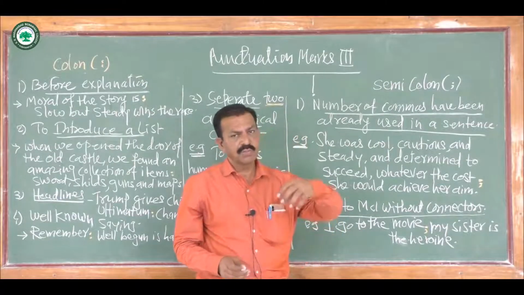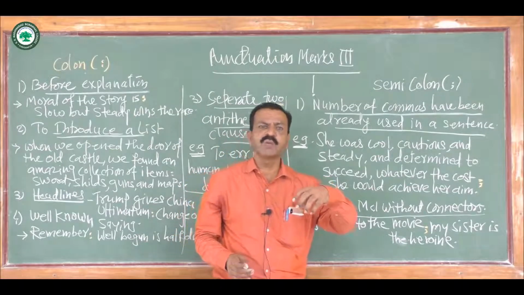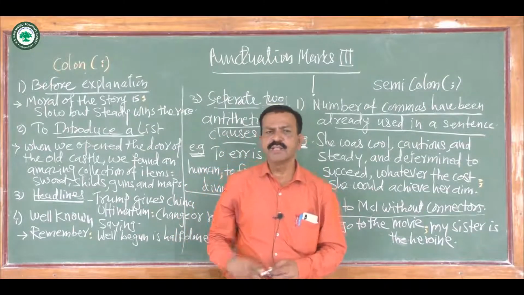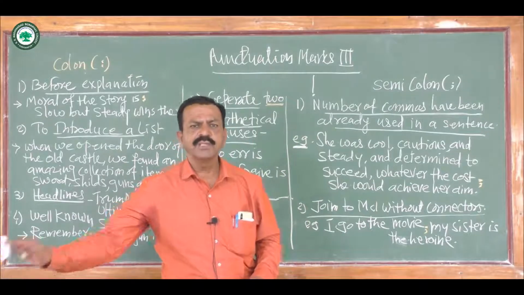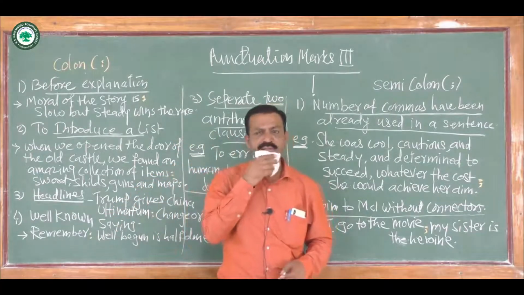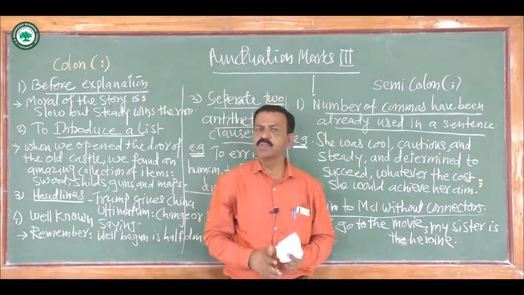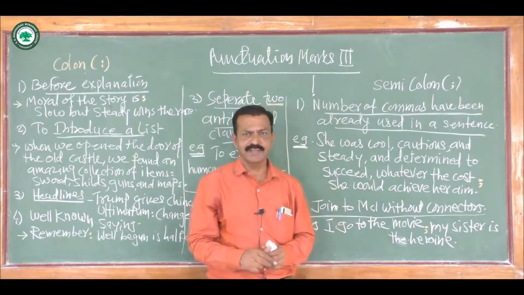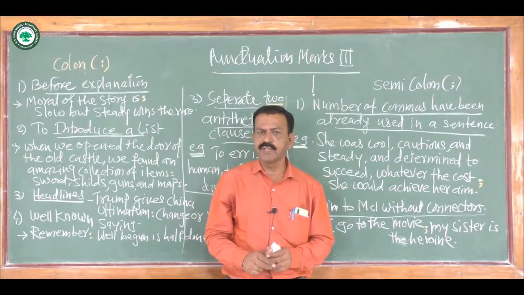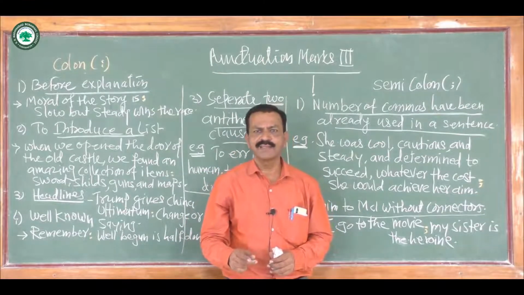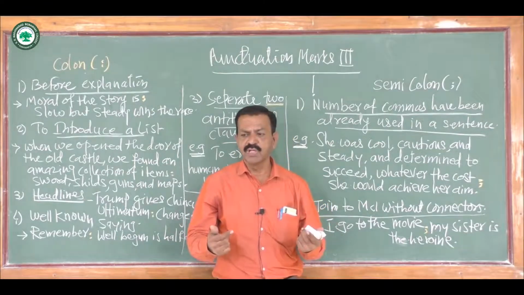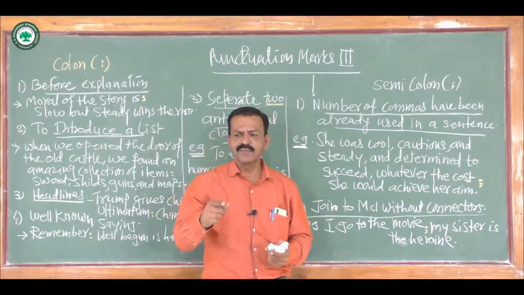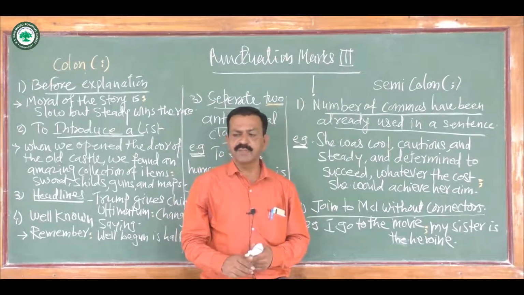So the verb is the main part of a sentence. Still, we have some examples where a verb is not used but it becomes a complete sentence. For example, what nonsense! Here no verb is used. So after nonsense we have to put an exclamation mark.